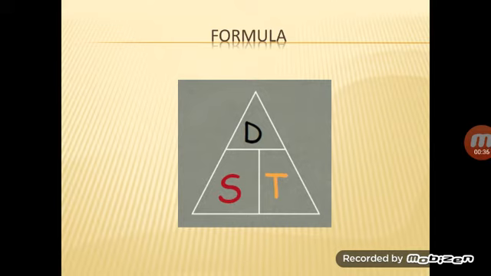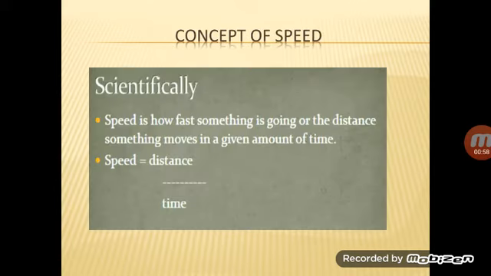Distance can be measured in meter, kilometer, centimeter, etc. Time can be measured in minutes, second, hour, etc. And speed, as it is a ratio between these two things, distance and time, so speed units depend on the distance and time units involved in the concerned question.